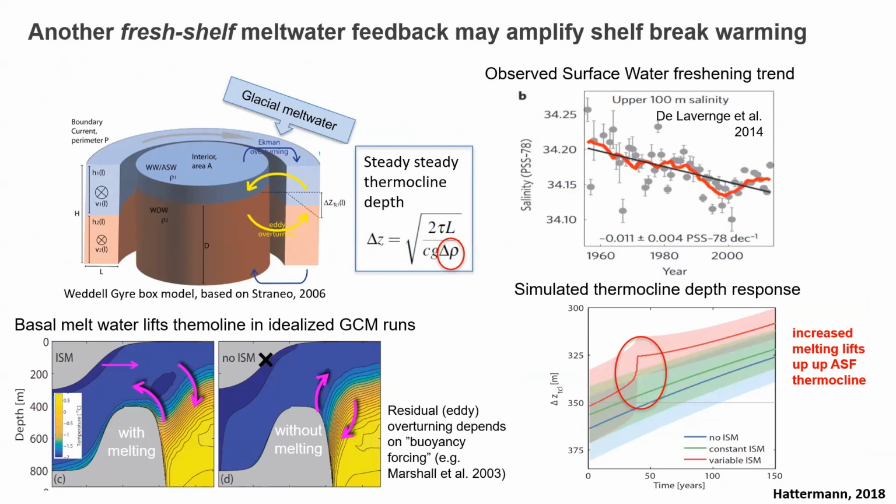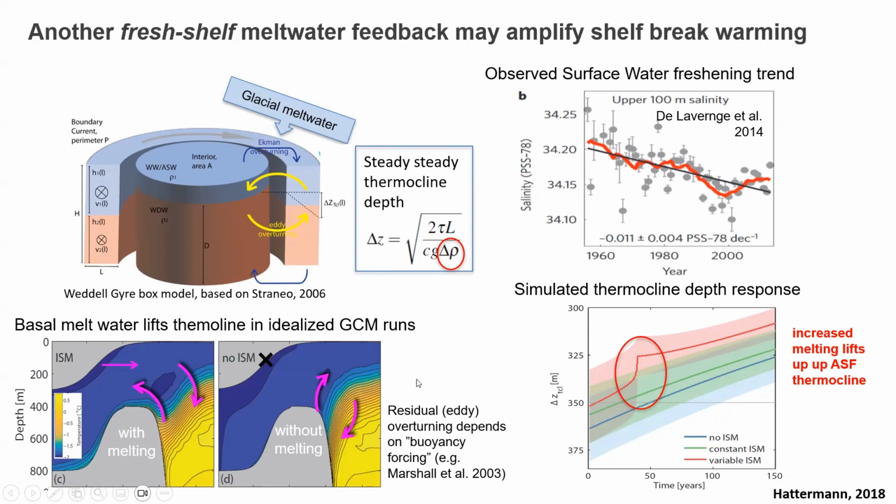And from the theory of how these fronts interact, very much known from ACC dynamics, we know that if the density gradient between these two water masses is increasing, then you intensify the overturning, and this is expressed as a density difference in the thermocline depth expression that lifts your warm water up.